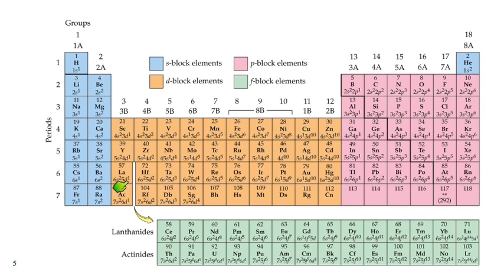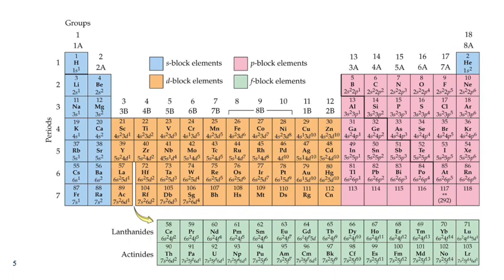And when we get down here, 6s, and then the next element has 5d1, and then after that, we go over here. And now this one doesn't have a 5d electron, it has 2 4f electrons.